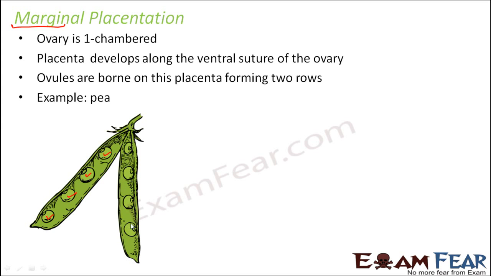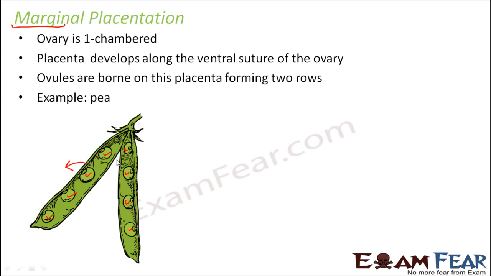These circular structures which are present inside the pea are nothing but the ovules, right? Now, if you look at these ovules, how are they connected to the ovary? They are connected along this margin. So can you see a layer of tissue here? So this line which is drawn here is actually representing that layer of tissue. So that is why the ovules are borne on the placenta and 2 rows are formed.